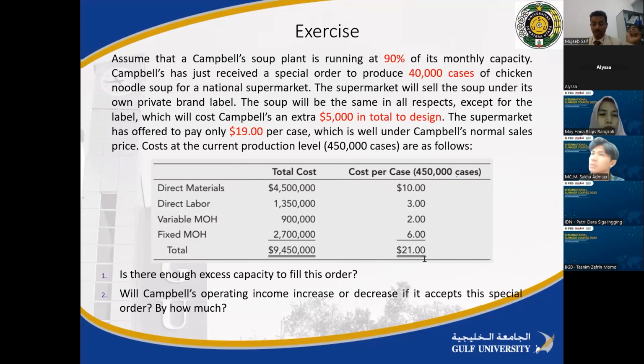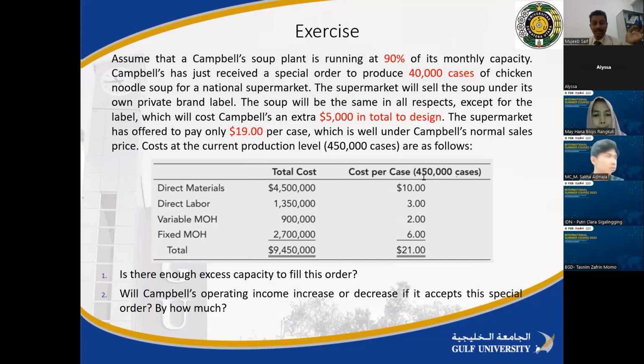But another managerial accountant who has experience says, no, we should consider only variable cost. The variable cost for 1 unit is $15, and the customer will pay us 19.